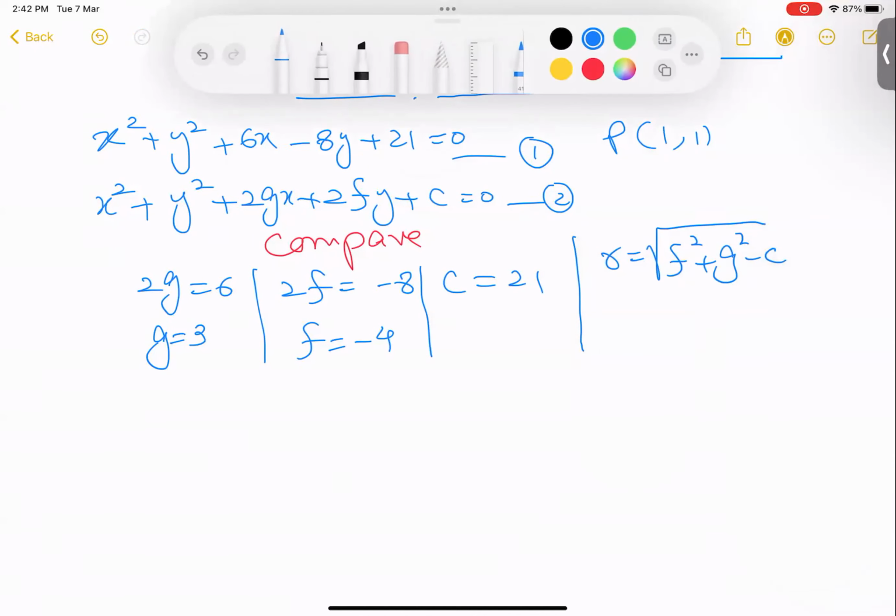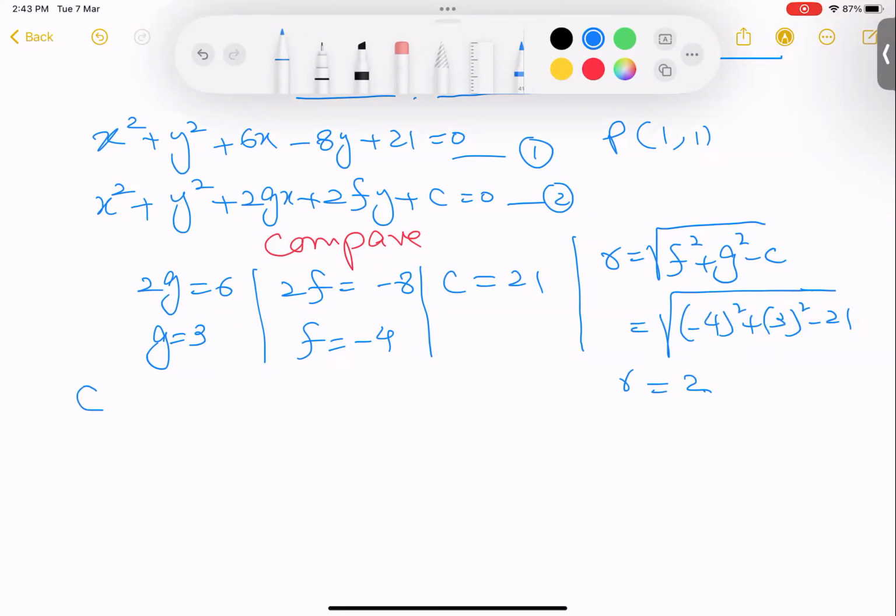The f value is minus 4, g value is 3, so minus 4 to the power 2 plus 3 to the power 2 minus 21. This is 16 plus 9, 25, minus 21 gives 4, and the square root becomes 2. So radius becomes 2. Alhamdulillah, easy.